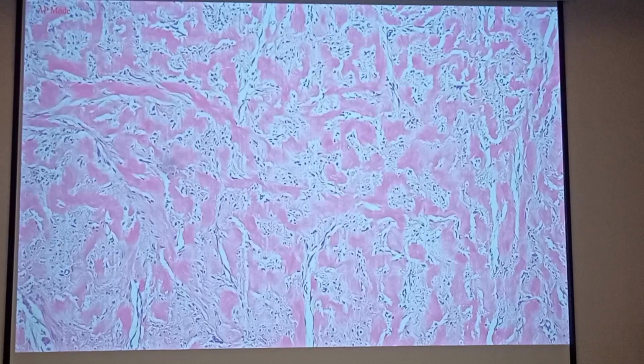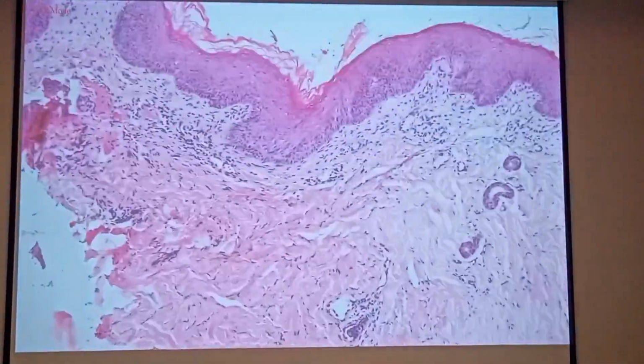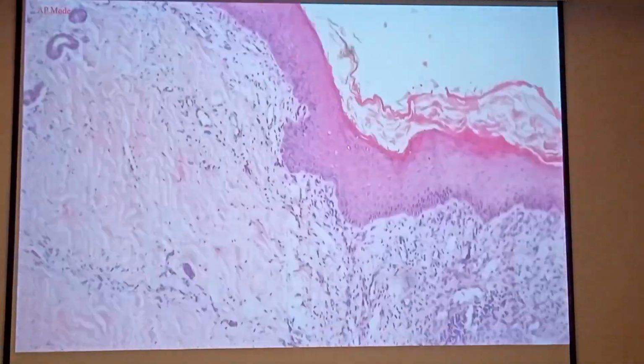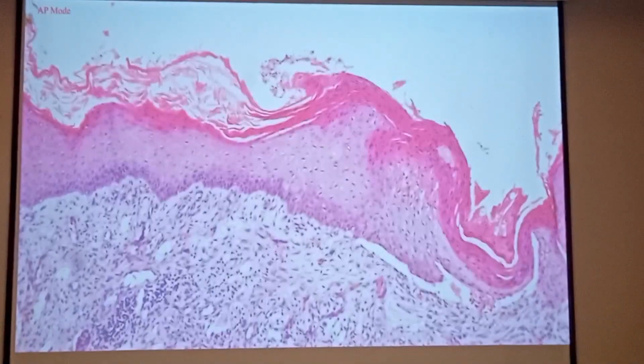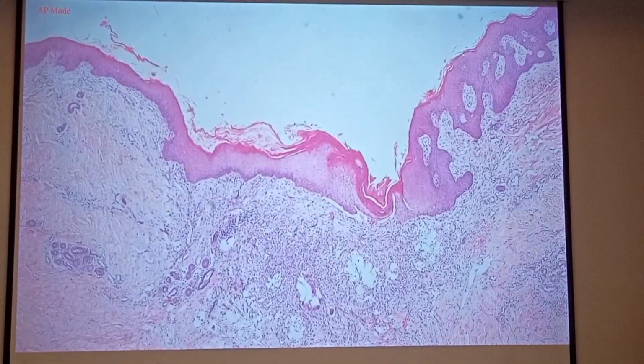This can either be a keloid or a hypertrophic scar. But apparently, your book says, or your manual says it's a keloid. And the other one is just a healing scar, I think. Yeah? Right there.